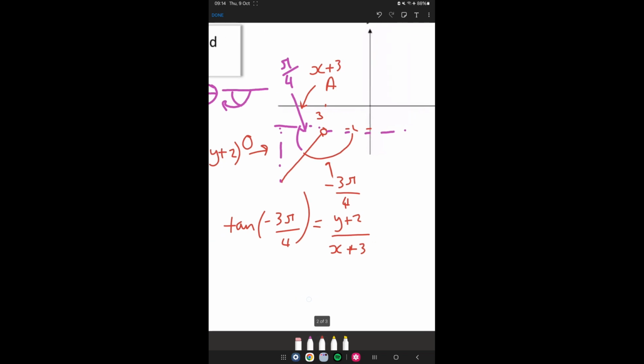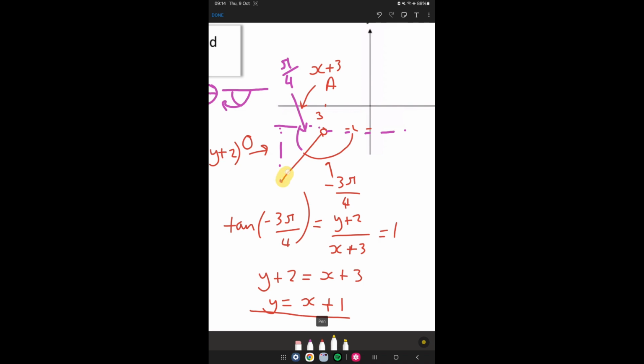So that whole thing will equal 1. Then just multiply across, so we end up with y plus 2 is equal to x plus 3. And then minus the 2, we end up with y is equal to x plus 1.